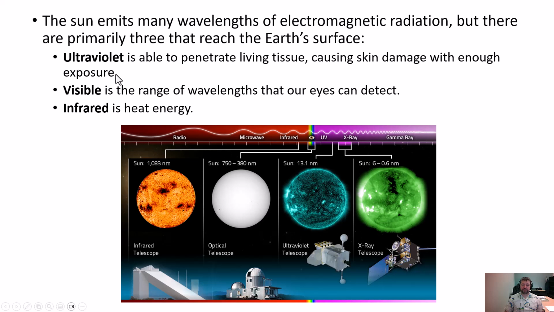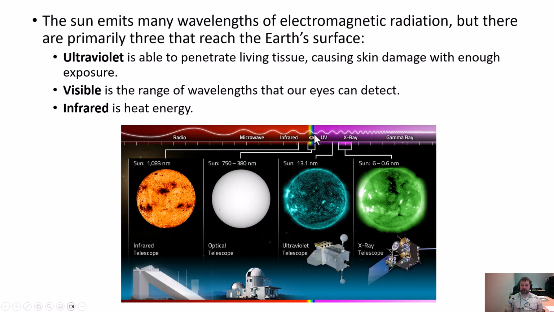And then ultraviolet. Ultraviolet often gets a negative connotation, but it is really important for many things. For organisms that can detect ultraviolet outside of the visible light range, lots of insects find flowers based on ultraviolet patterns. Ultraviolet wavelengths are really important for photosynthesis.